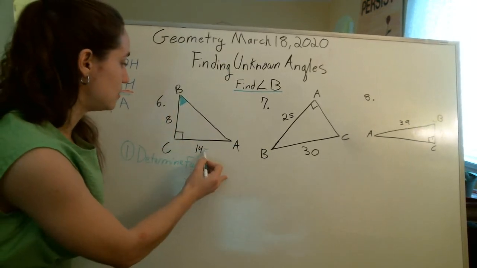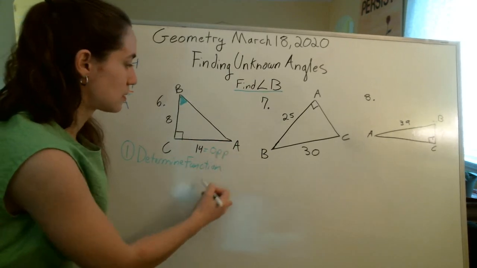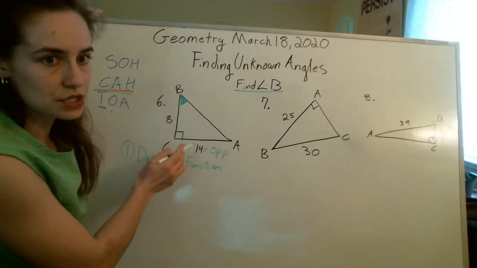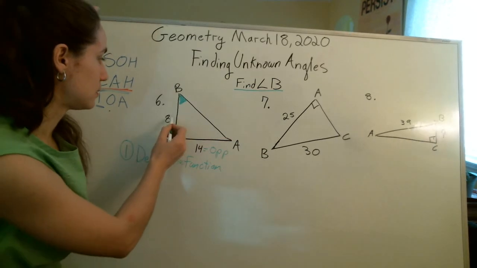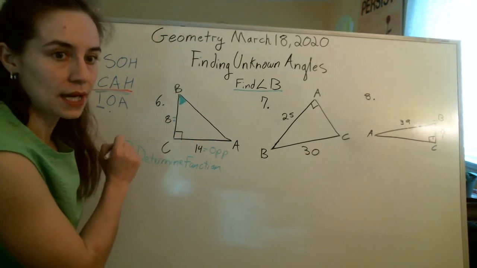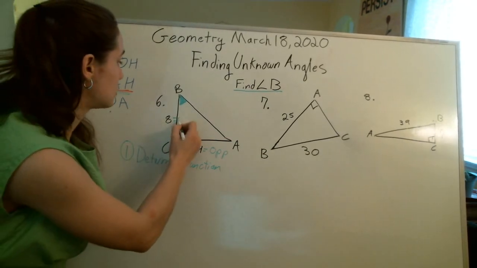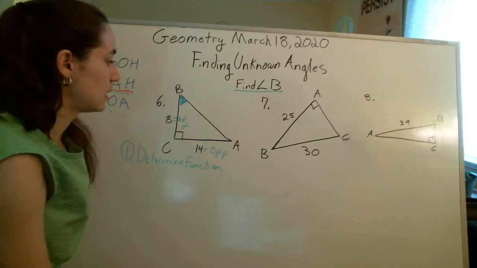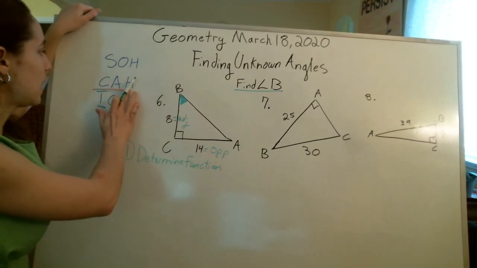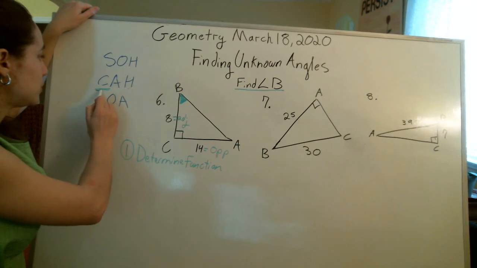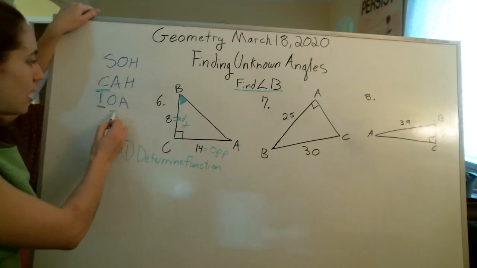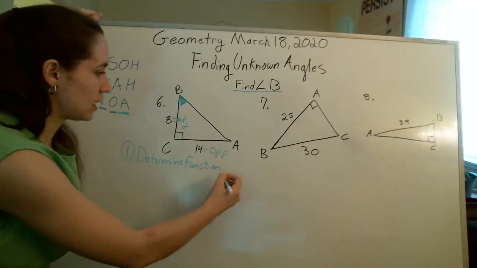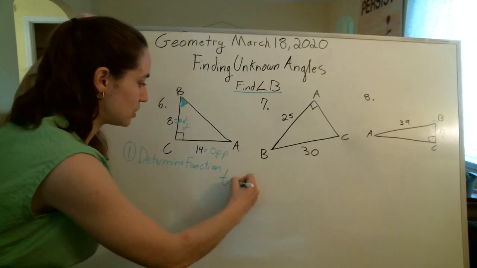That's going to be the opposite. And what's the relationship of 8 to angle B? That's going to be your adjacent. So I've got opposite and adjacent, and what function will I be looking at? We're looking at our tangent function.